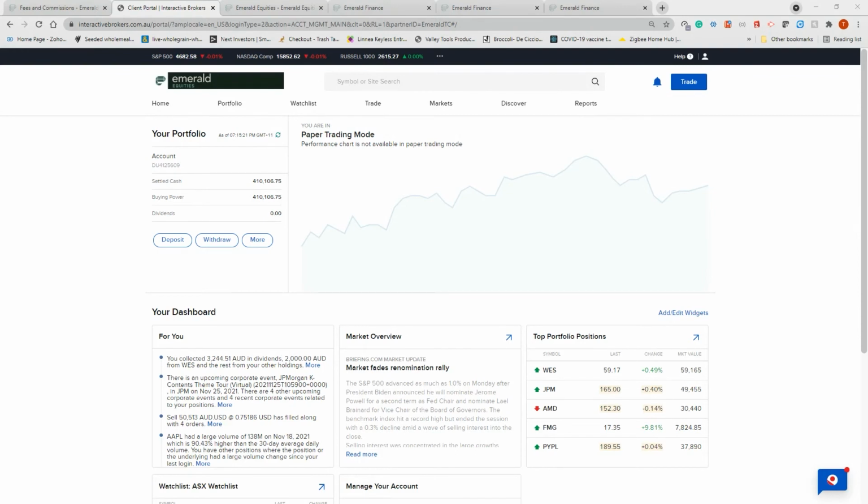So if you read the fine print of any broker you trade with here, you'll find what custodial that is running through. With us, we're running through Interactive Brokers. Interactive Brokers is a very large listed company in the US. We can see what's going on behind the scenes, guys, because it is a listed company.